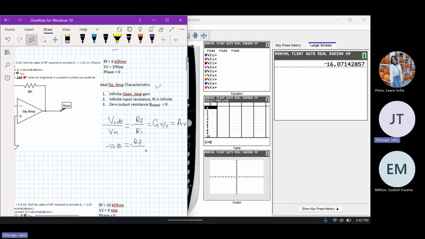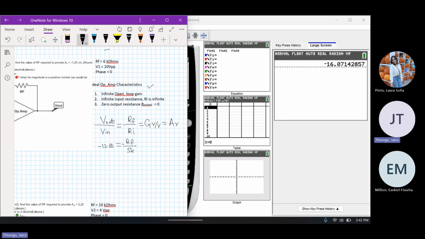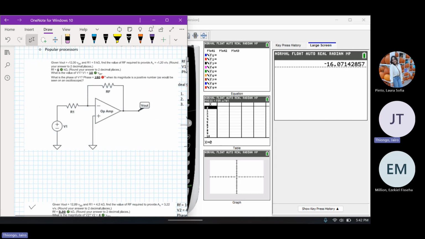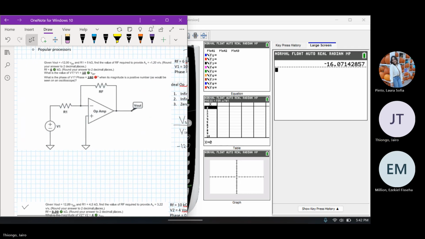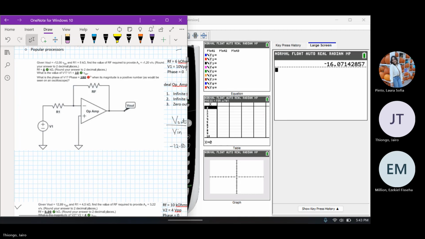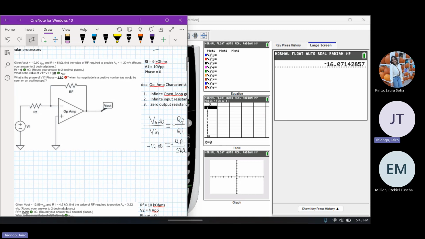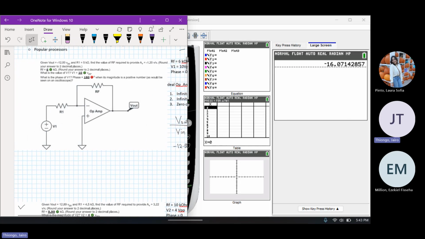R1 we're given as 5 kilo ohms. And then V in. Where's V in? Oh, we're also asked to calculate V in.